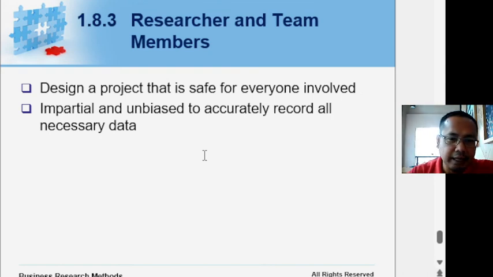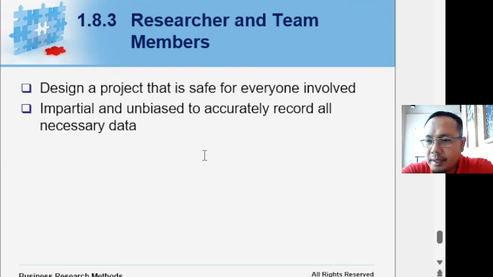Then researchers and team members design a project that is safe for everyone involved. If you are a researcher or leader of a research team, we have to make sure our project is designed safely for everyone involved, and is impartial and unbiased in accurately recording all necessary data.